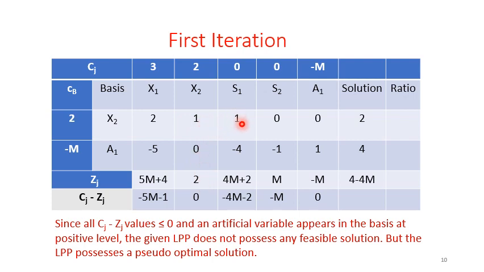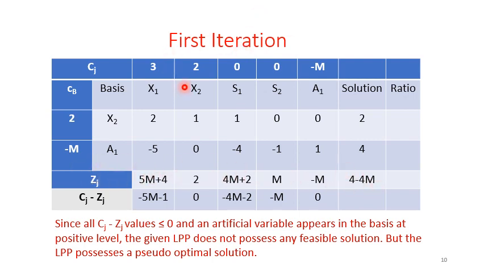Again 2 plus minus 4 into minus M, that is 4M plus 2. 0 plus M, that is M. 0 minus M, that is minus M. 2 2s are 4, 4 plus minus 4M, 4 minus 4M. So these are your Zj values.